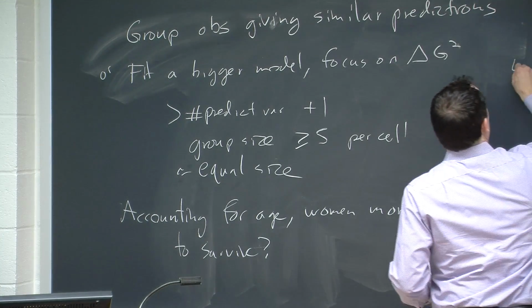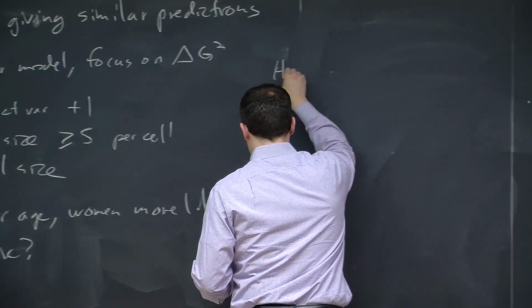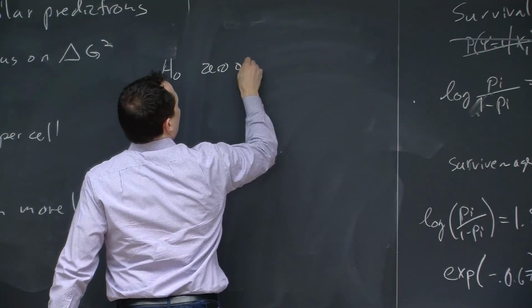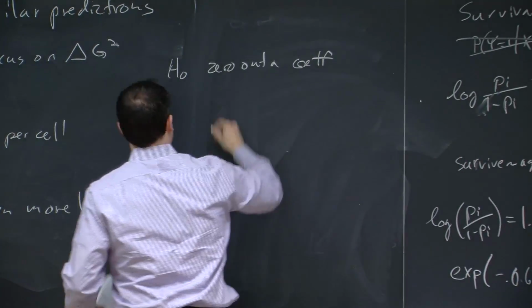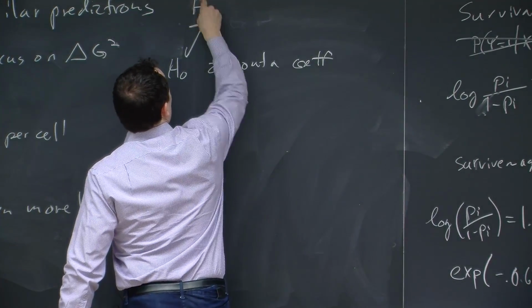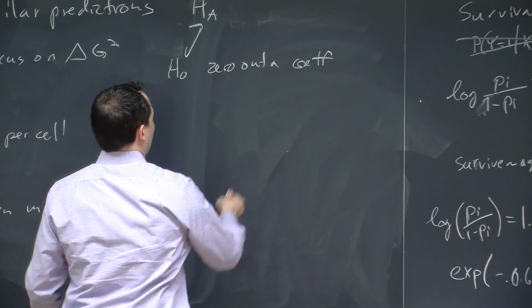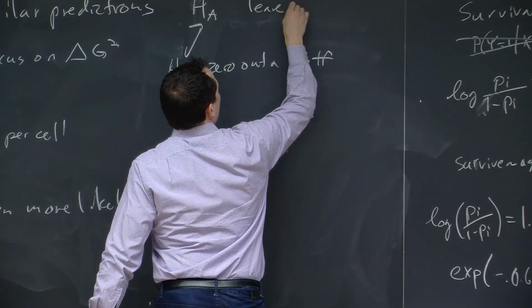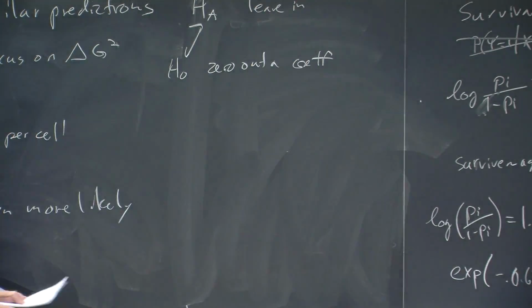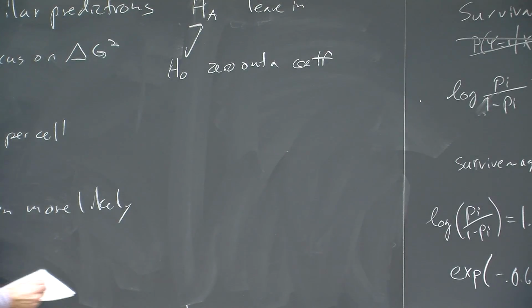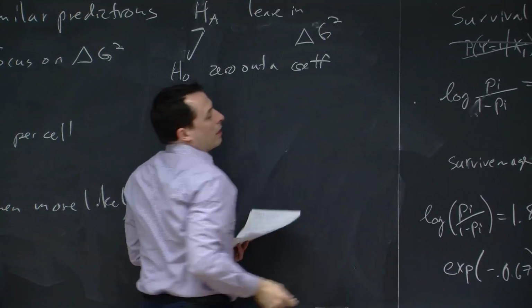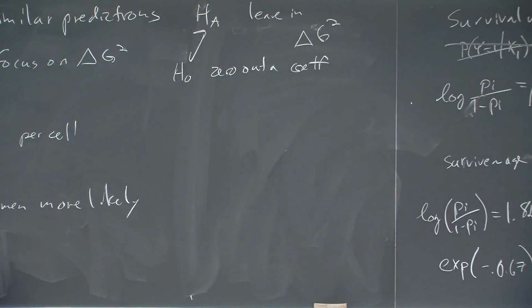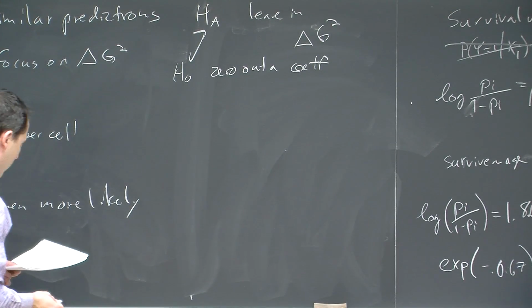That is, we're looking at a null hypothesis, zero out a coefficient, in this case gender, and we're considering that relative to the alternative hypothesis, which is leaving that in. Our usual nested model comparison, and we have a delta G squared. It has 1 degree of freedom, because we've only changed 1 coefficient, and we can ask whether that's significant.